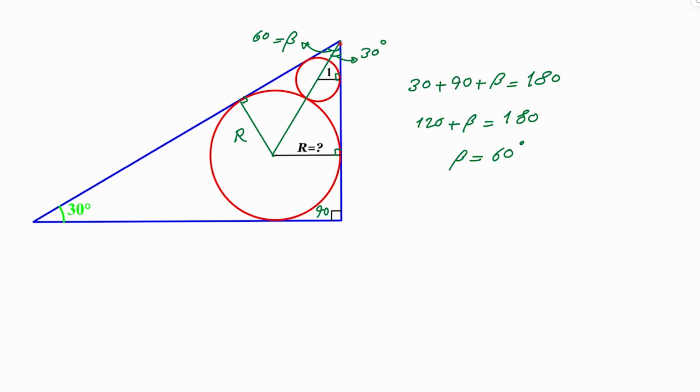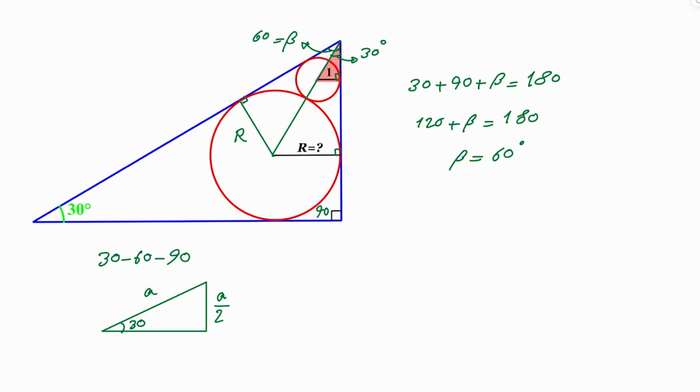That makes this triangle a right triangle, and it's also a 30, 60 and 90 degree triangle, and we know that the side opposite to the angle 30 is half the length of the hypotenuse. If the length of the hypotenuse is a, this length will be half of a.